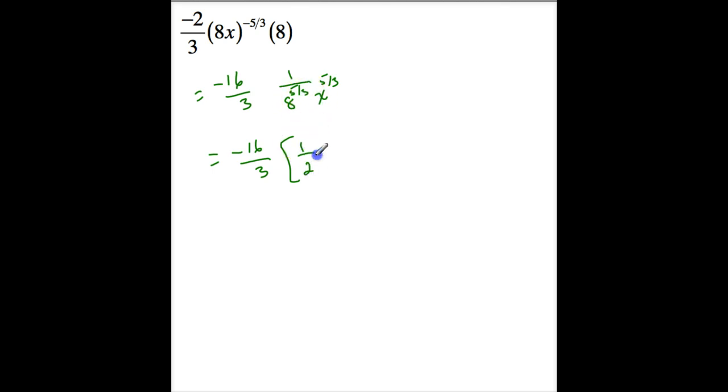So this is 1 over 2 to the 5th times 1 over x to the 5/3. You could do all this in one step if you like. So this becomes negative 16 divided by 3 times 1 over 32 times 1 over x to the 5/3. If I do some simplifying here, that cancels, and you wind up with minus 1 over 6x to the 5/3.